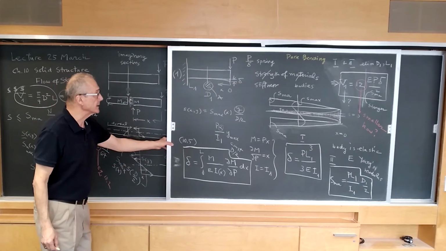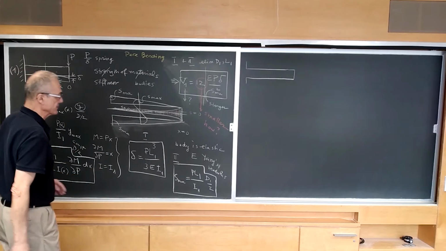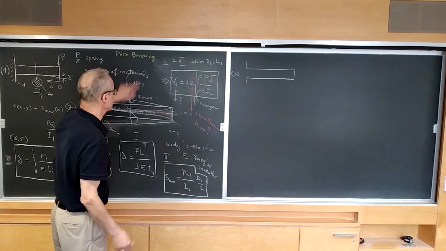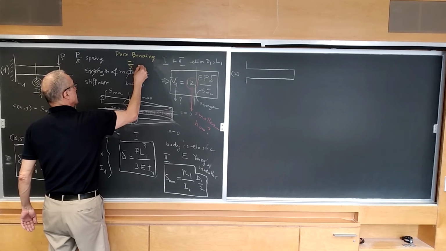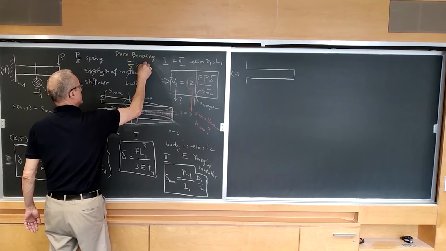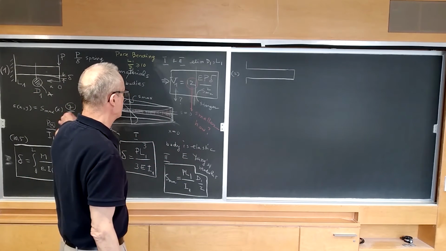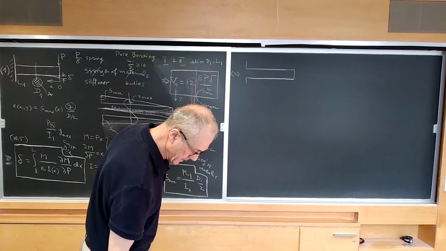So pure bending is the limit in which this analysis is valid, meaning L1 over D1 is of order 10 or greater, meaning beams are slender, more slender than the ones I've been drawing.